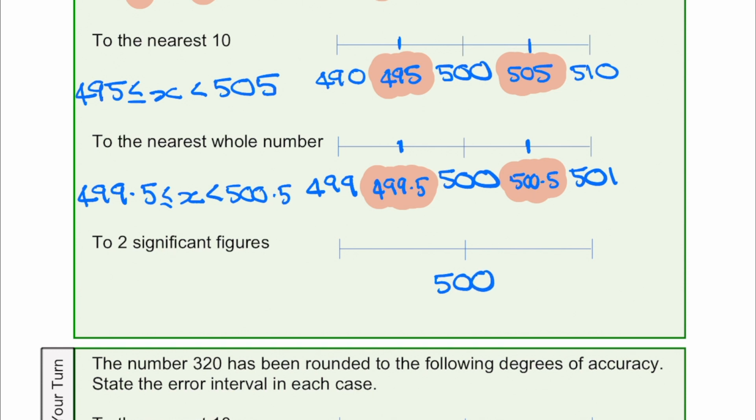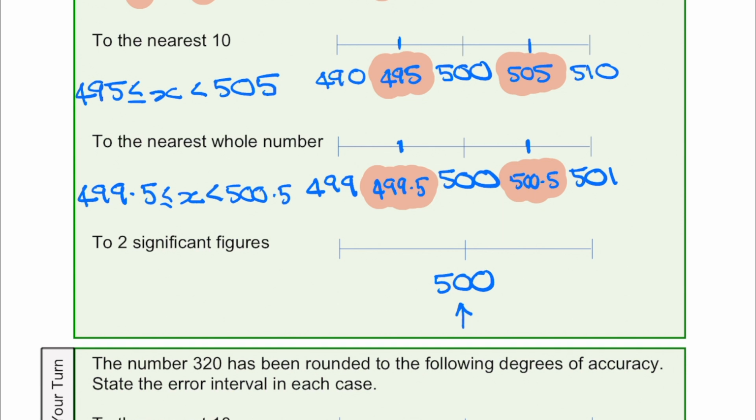And then all that we're actually going to do is think about which digit there is the second significant figure. So remember how significant figures work. First significant figure is the first non-zero digit. First non-zero digit that I have here is the 5, and then everything after that is significant. So I'm going to draw a little arrow pointing to my second significant figure.